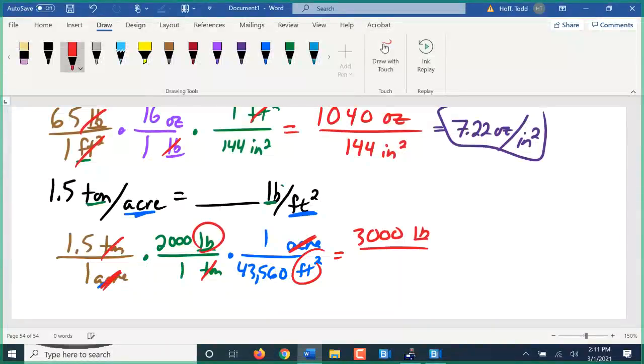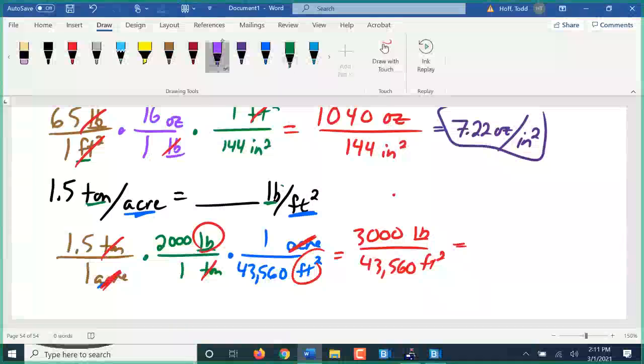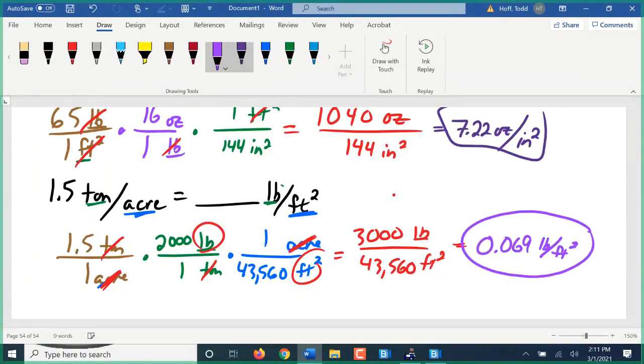On bottom, 1 times 1 times 43,560 square feet. Divide that out. 3,000 divided by 43,560. We have 0.069 pounds per square foot. So less than 1/10 of a pound per square foot is what that application would be.